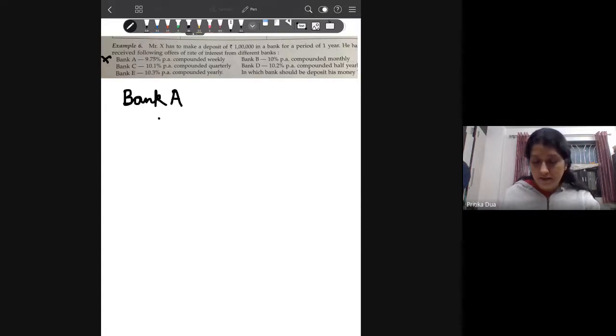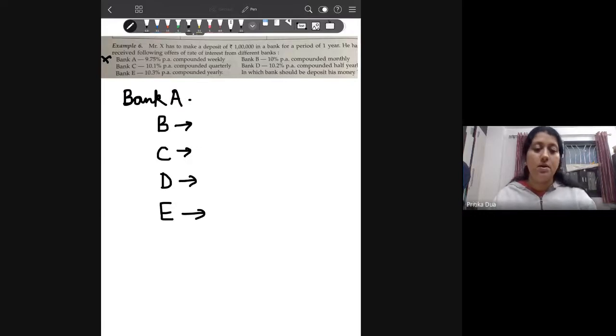What is the effective rate coming to for bank B? C, D and E. Start solving. I'll ask you people to share the answers. For bank A, I'll share in a minute. Start solving. You need to calculate the effective rate of interest. I'm writing the formula again here.